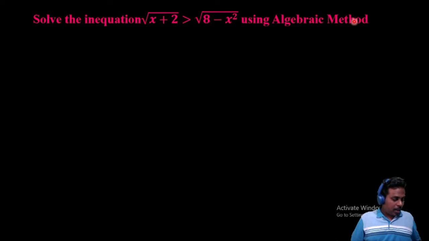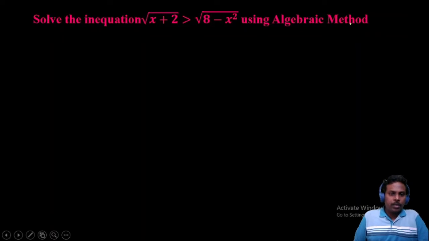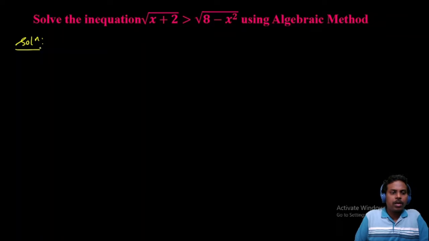Okay, let us see how to solve this. Let me write the solution here. Remember, whenever an inequation of this type is given, you will be getting at least 2 to 3 simultaneous inequations, quadratic or linear, whatever it is.